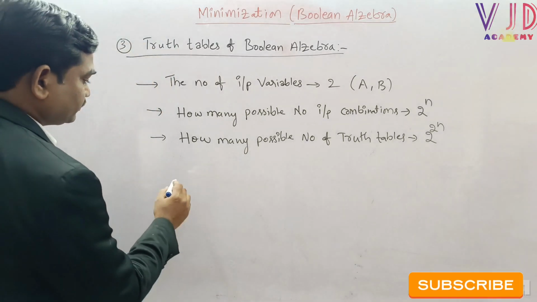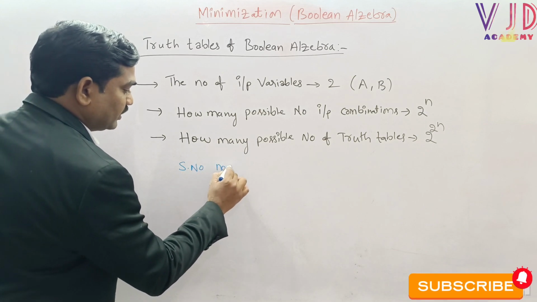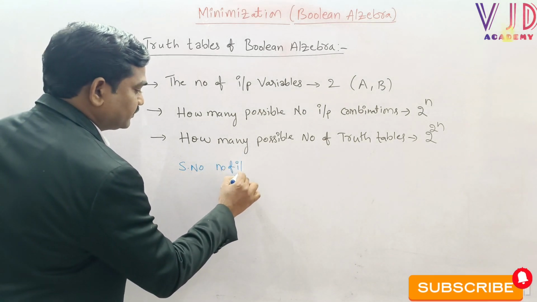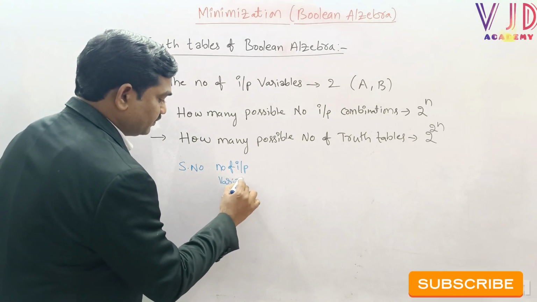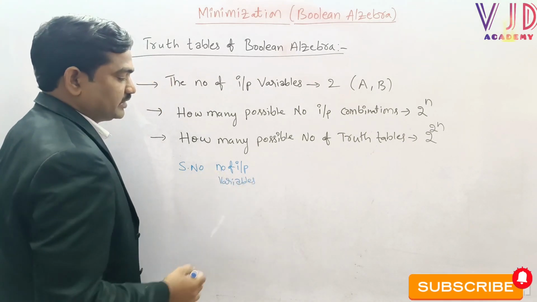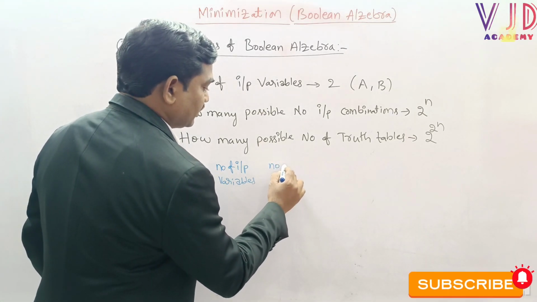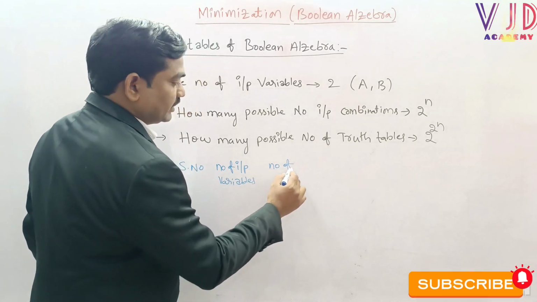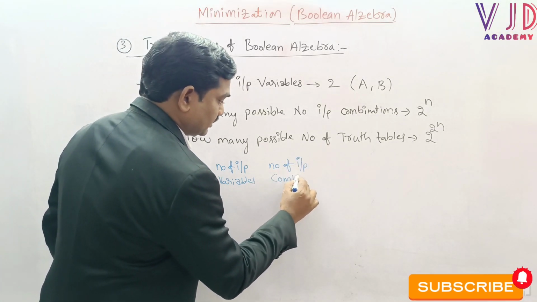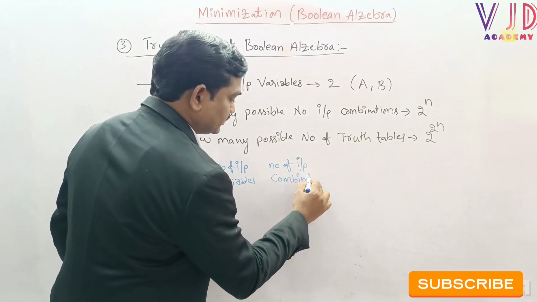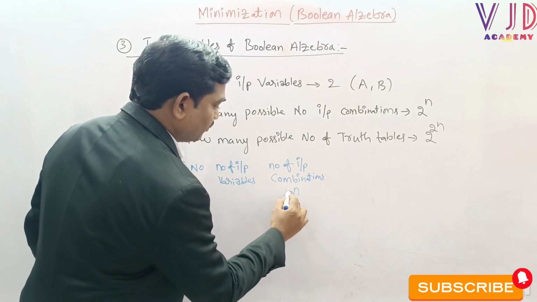Suppose here serial number, and then number of input variables. Based upon these input variables, the number of input combinations, so the equation will be 2 power n.